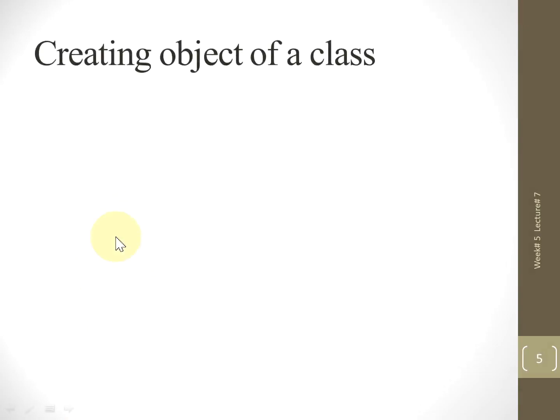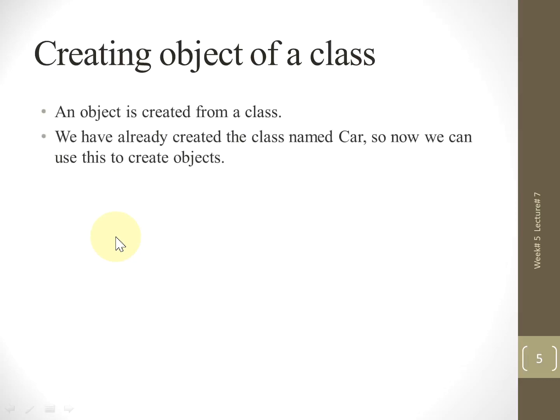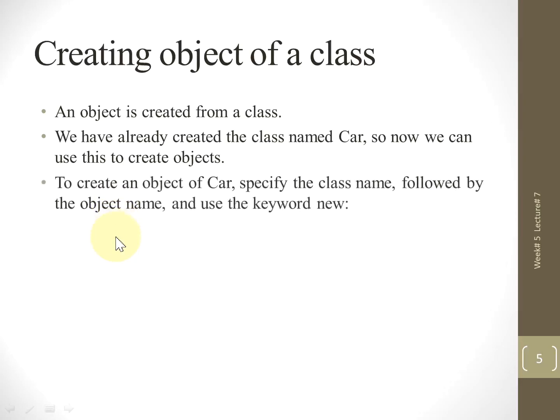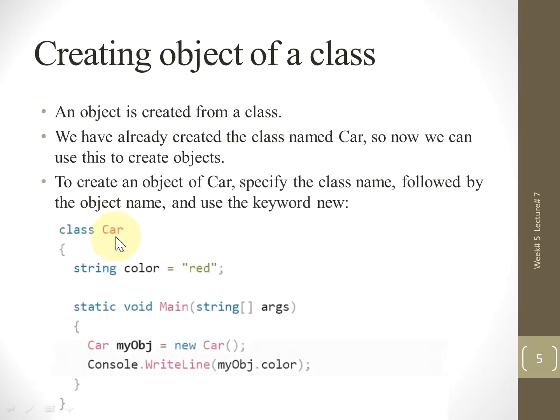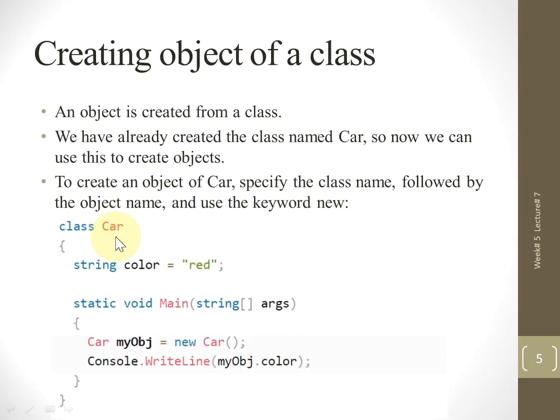Next, how to create the object. An object is created from a class. We have already created a class named Car, so now we can use this to create objects. To create an object of Car, specify the class name followed by the object name, and use the keyword new for the reservation of the memory location.